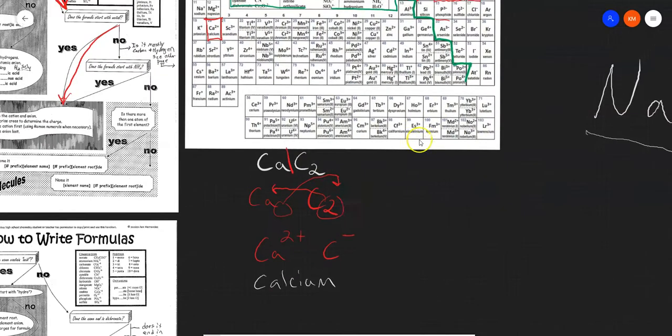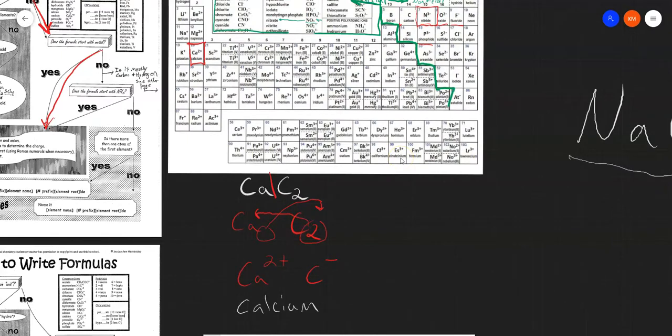And then we name the anion second. And if I look on here, it's not very common for carbon to form an ion. Okay. And so the ion name actually isn't up here. It just says carbon. But you can figure out the ion name the same way that we do here.